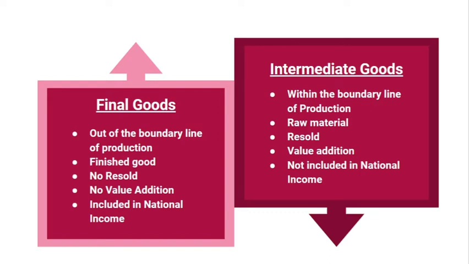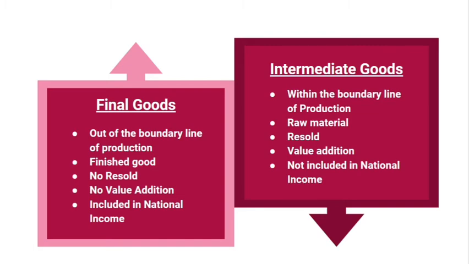Intermediate goods are there in the boundary line of production, and to make it simple we can say intermediate goods are the raw materials and they could be resold and value addition is there. So that's why we don't use intermediate goods in the national income, because the cost of intermediate goods is already added in the final goods.